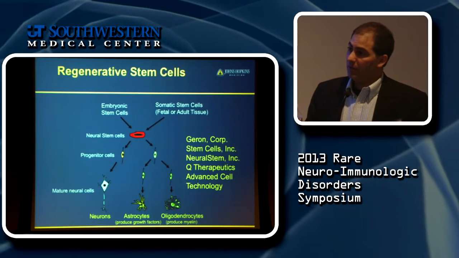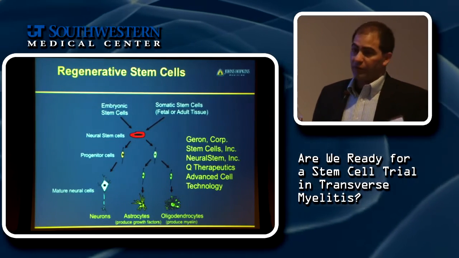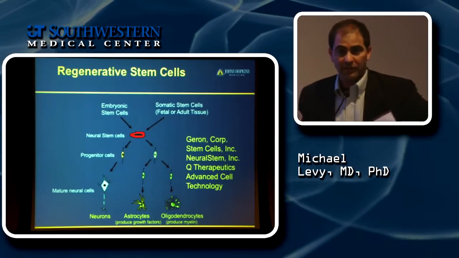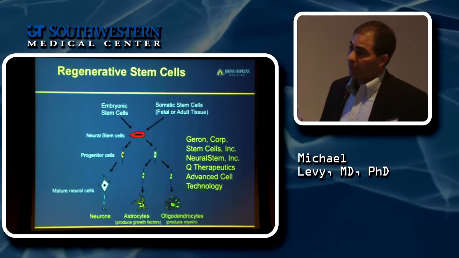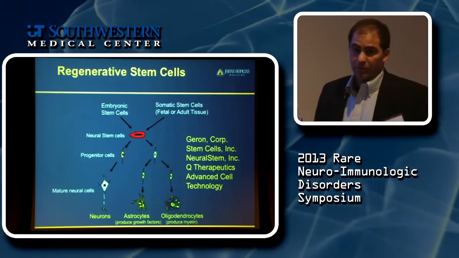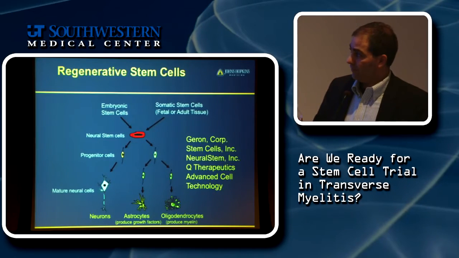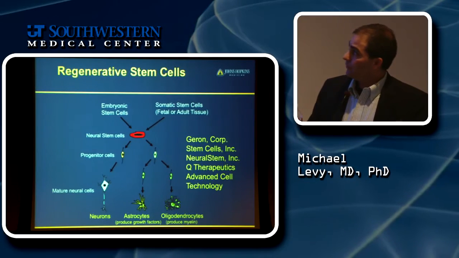You can even genetically manipulate them to do things that you want them to do. So these progenitor cells are valuable in the sense that you can transplant them. They'll migrate to different parts of the nervous system, and then the trick is to get them to go on and differentiate into the cell type of interest.